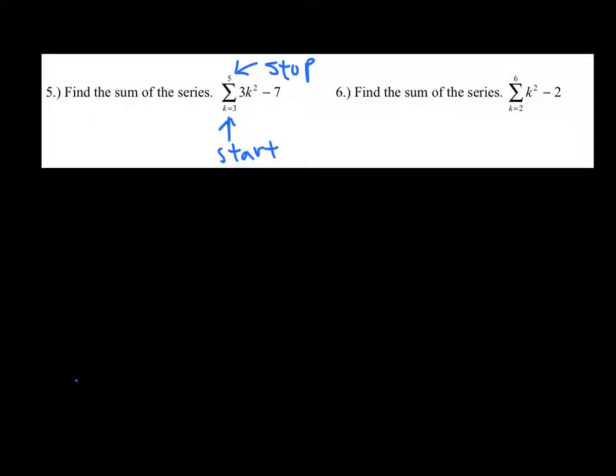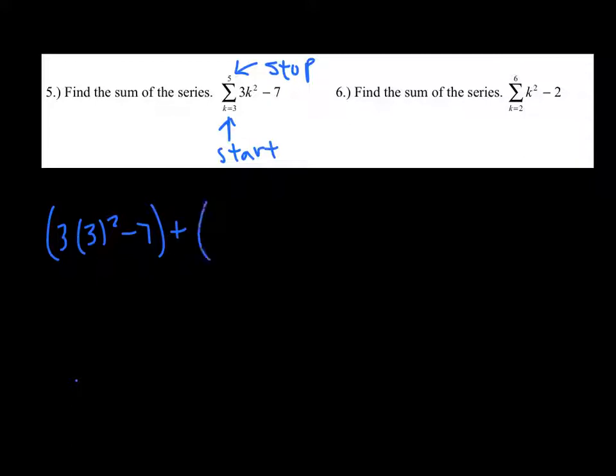So 3 times, instead of k, 3 squared minus 7. And I need to write this a little smaller. So 3 times 3 squared minus 7. That's your first term. And again, this is a sum, remember, so plus.